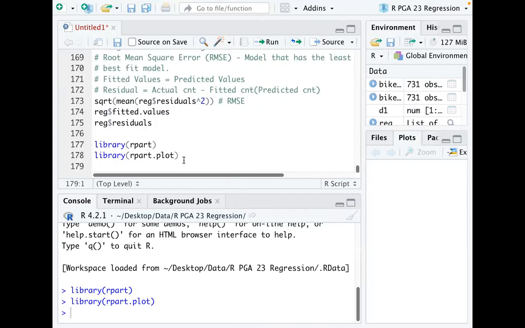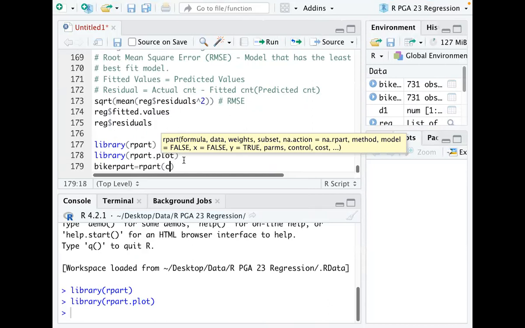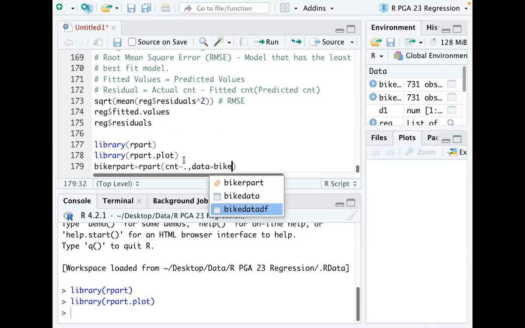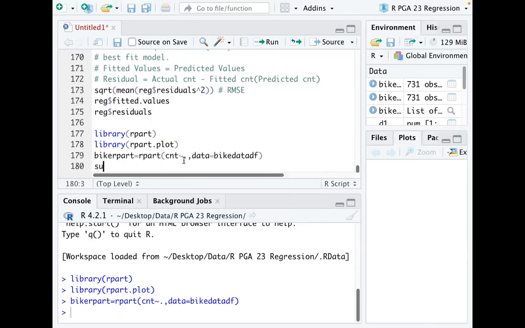Last class, bike data. bike_rpart = rpart(cnt ~ ., data = bike_data_df). summary(bike_rpart).